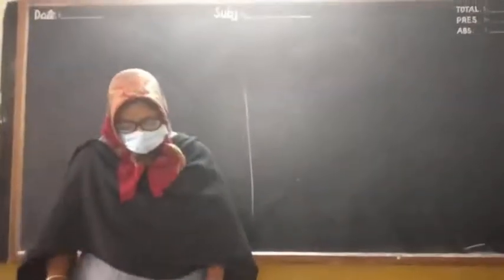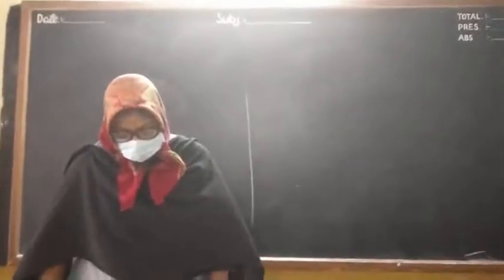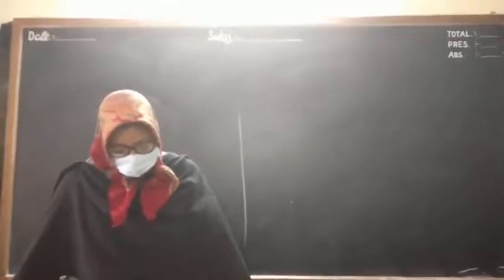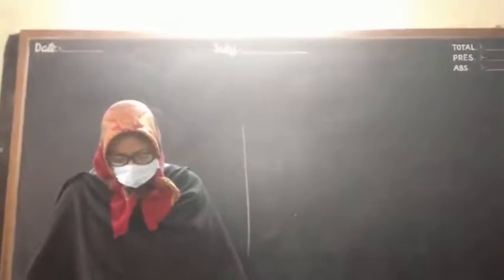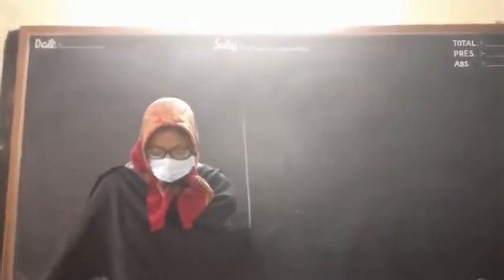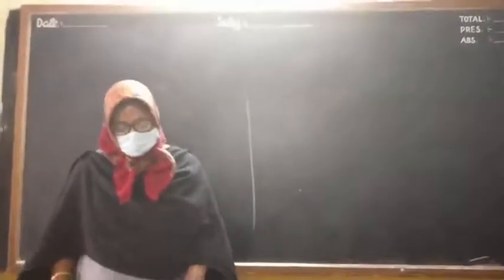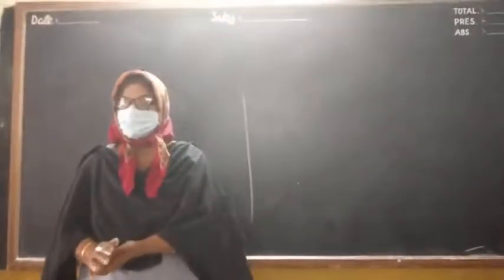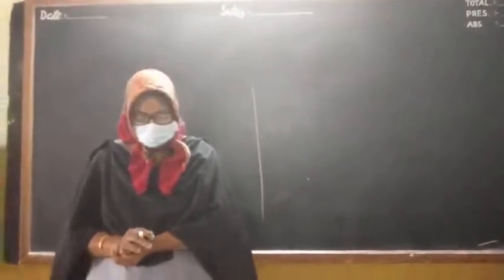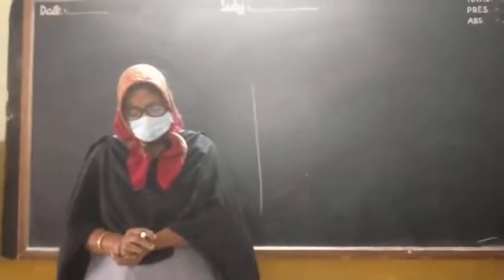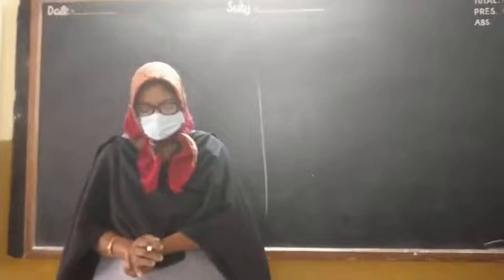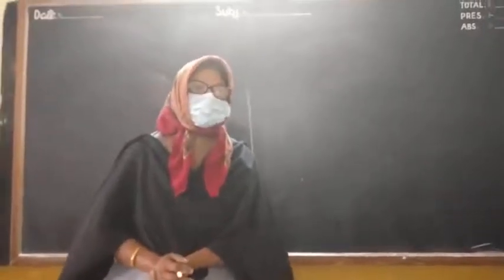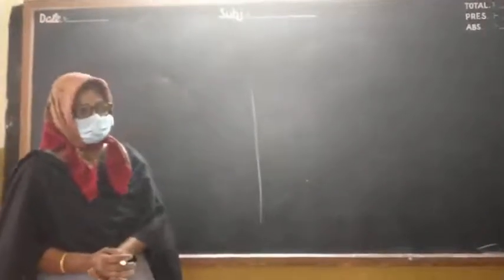A vertical pillar is 50 centimeter in diameter and 3.5 meter in height. Find the cost of painting the curved surface area of the pillar at the rate of 12 rupees 50 paise. So it is given a cylindrical pillar is 50 centimeter in diameter and height is 3.5 meter. You have to paint it, and the cost of painting is 12 rupees 50 paise.